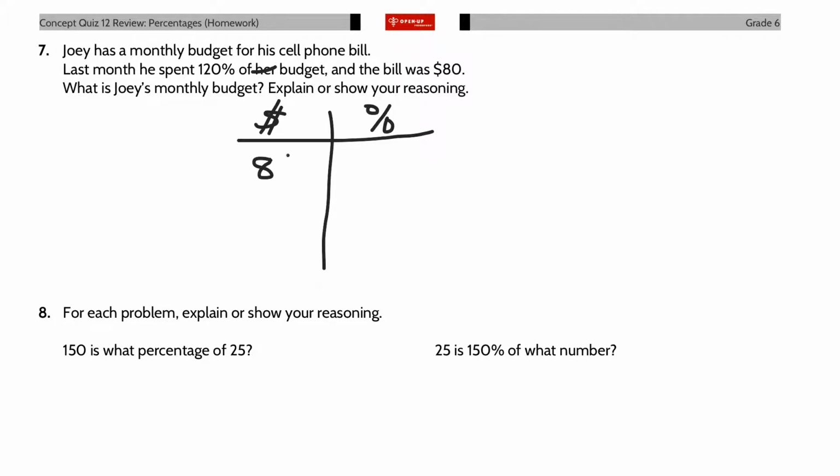Dollars were 80. $80 was 120% of the budget, and we're trying to get down to 100%. Well, we need to break this down somehow to get there. If I look at the 120 and divide by 6, that gets me 20.